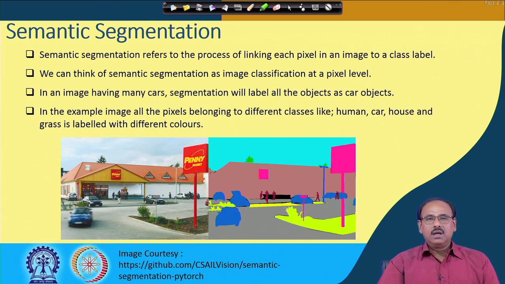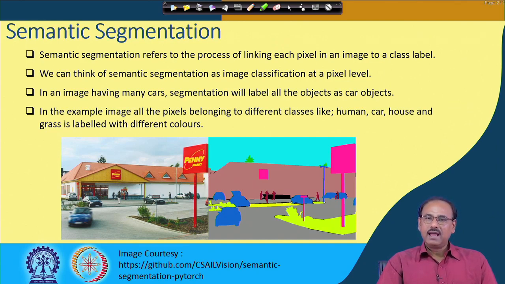Semantic segmentation is the process which links each pixel in an image to a class label. Say, for example, within an image I have 5 different cars, and car is one of the classes present in the image. Similarly, in the same image I can have buildings, and building is another class.